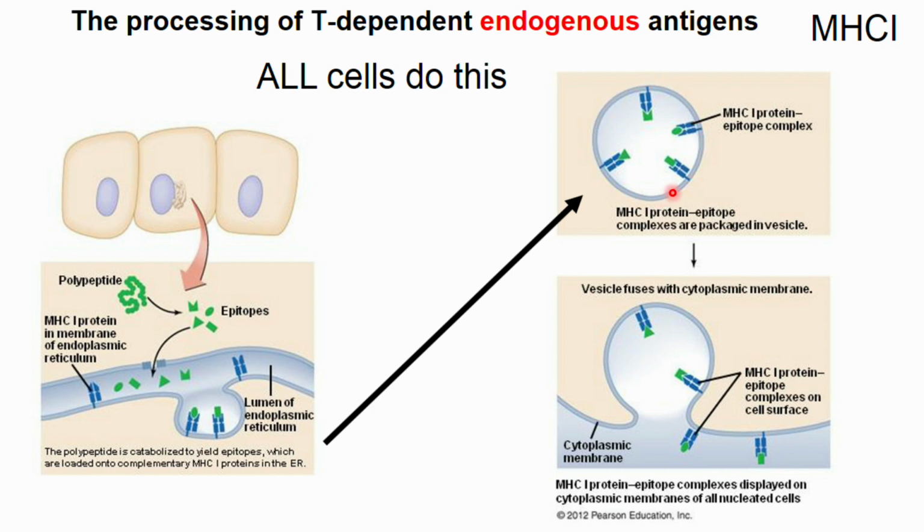Each MHC1 molecule is a little bit different and binds to a different portion of the original protein. Remember, each receptor, just like the B-cell receptor, binds to a different epitope. This vesicle is then shuttled to the exterior of the cell, where it binds to the cell membrane.